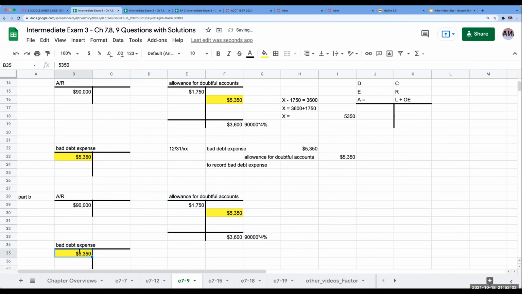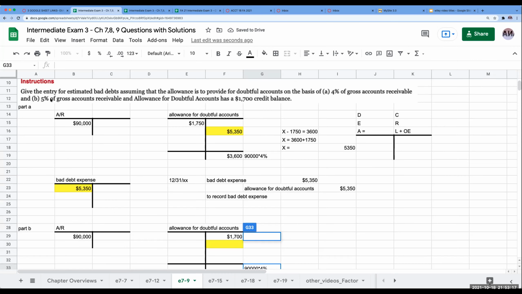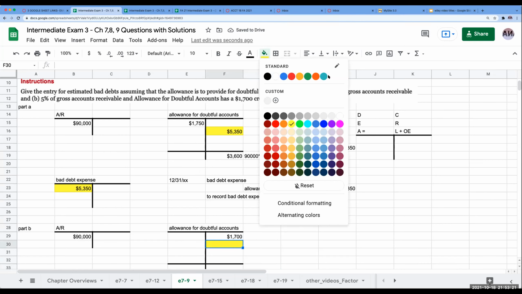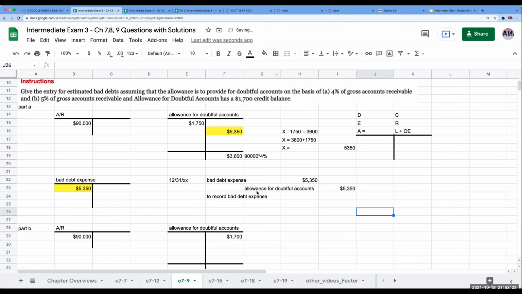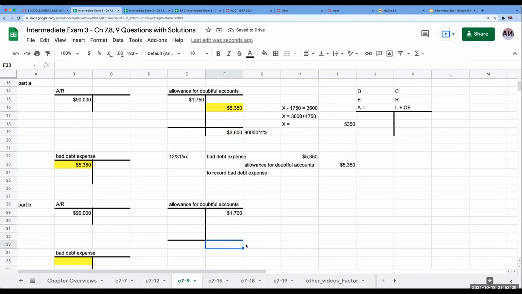We still have the same $90,000, but now there's a credit balance of $1,700 in our allowance for doubtful accounts. This second scenario says 5% of accounts receivable, and there's a $1,700 credit balance.